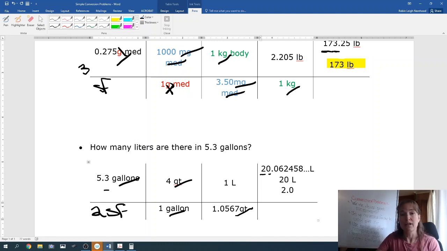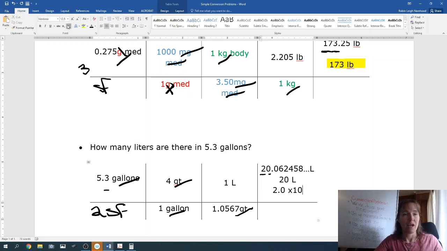And so 20, the understood decimal point is after the 0. I need to move it one place. And so with scientific notation, you then say how many places you moved it by saying times 10, and then you raise it to the number of places you moved it. And I just moved it one place. And so times 10 to the first. So that's like saying my answer should be 2.0 times 10, and 2.0 times 10 is 20.